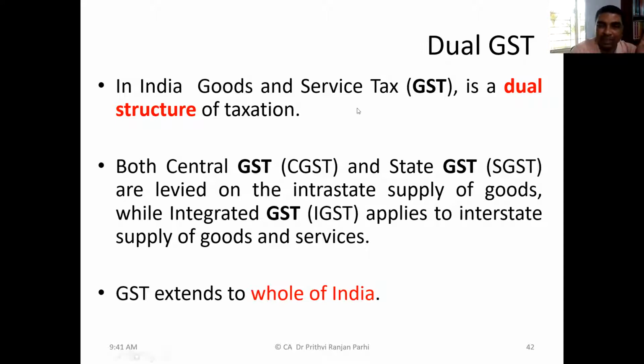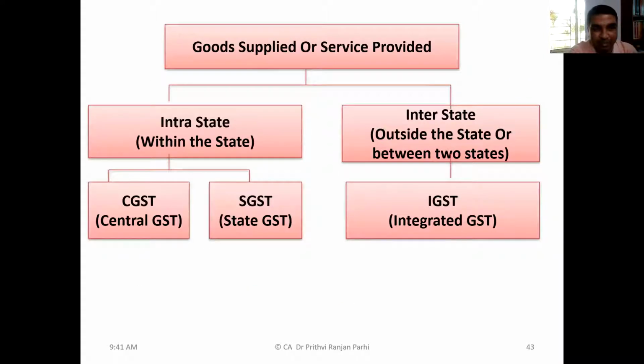You already know each state has a GST Act. For example, the state of Odisha has the Odisha GST Act, the state of West Bengal has the West Bengal GST Act, the state of Bihar has the Bihar GST Act, and there is a Central GST Act, and there is an Integrated GST Act also. Union territories have Union Territory GST Acts in their respective names. Like that, this is implemented.